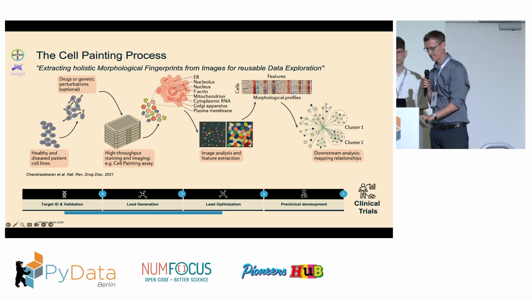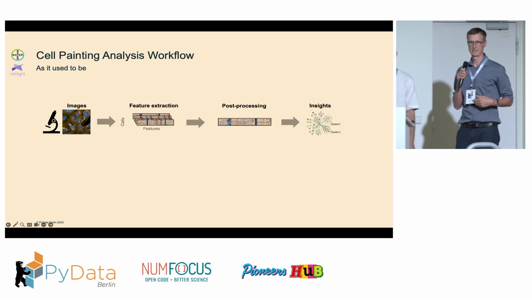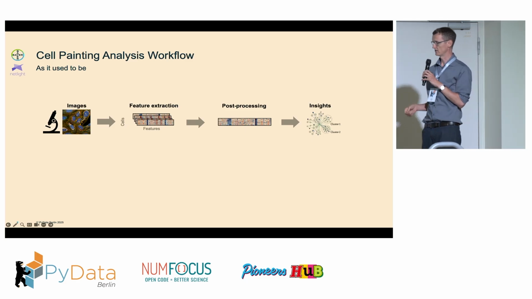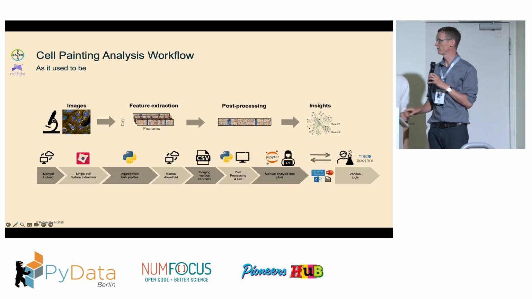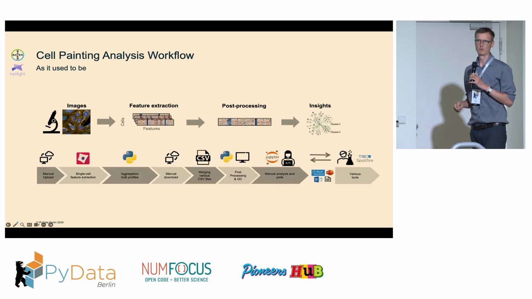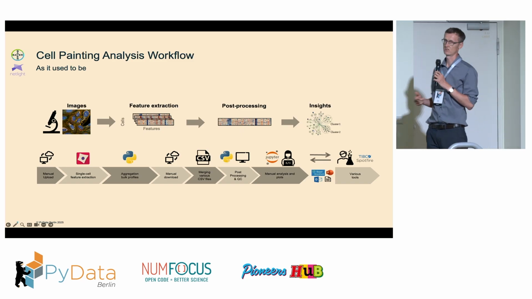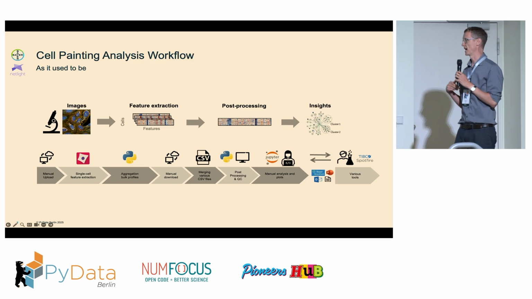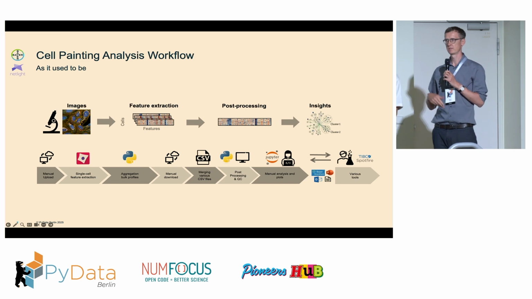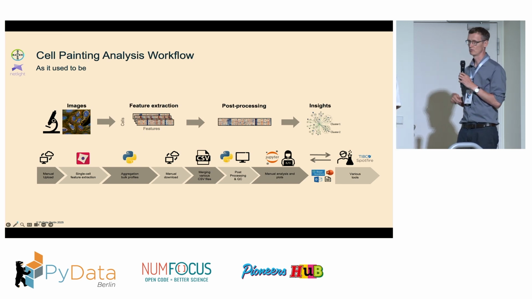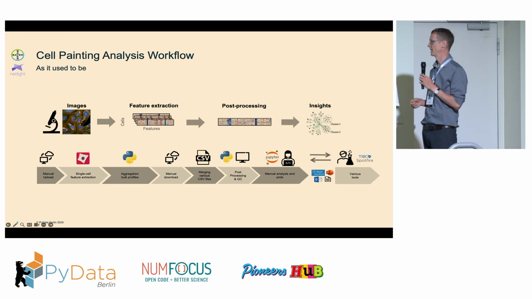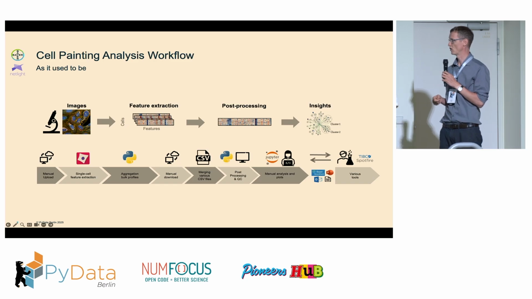Now, when we started to implement this cell painting process at Bayer, here you see again the general workflow. It started like many research projects. We had a few bioinformaticians who wrote the first analysis pipelines. There were Python scripts lying around on different computers or servers if your local devices were too small.